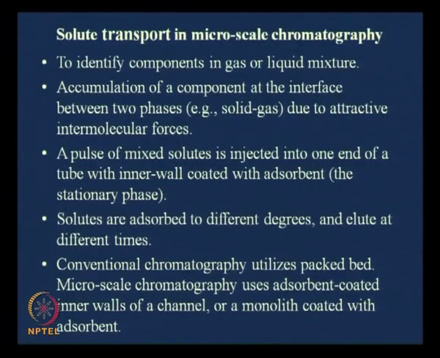So, one or more of the components would accumulate at the interface, on the wall, on that adsorbent layer that you put, which is a solid adsorbent. So, the interface between solid and gas is at the wall. The accumulation takes place there, and it is due to attractive intermolecular forces.